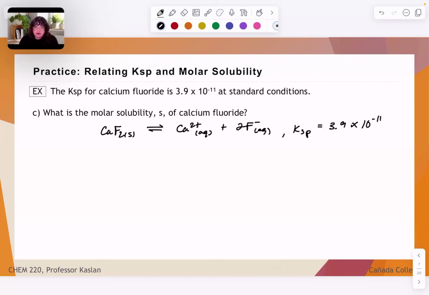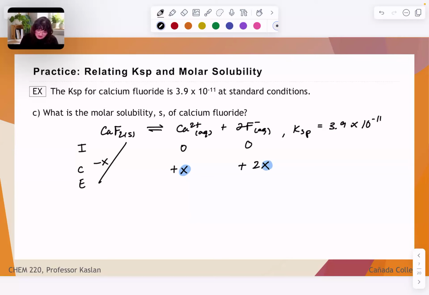And if I want to think about the initial, change, equilibrium, knowing that I can't think about the solid, I know that this is going to increase from no ions in solution before dissociation to some amount of calcium ions in solution, X, and some amount of fluoride ions in solution, 2X, where the understanding is that this X is the decrease in the amount of the solid, meaning it's the number of moles of solid that were dissolved.